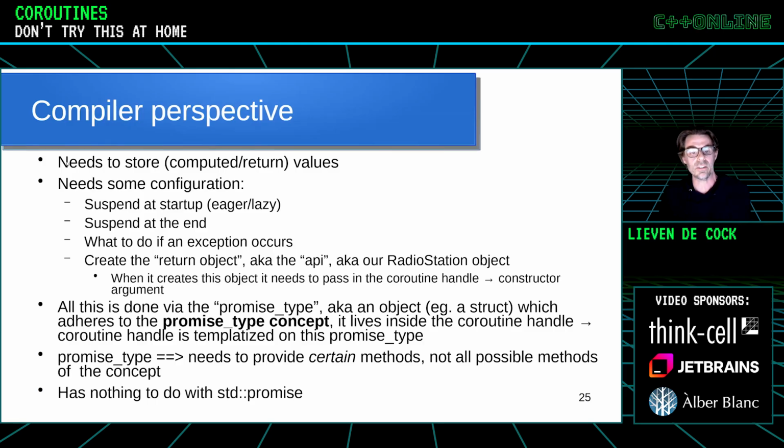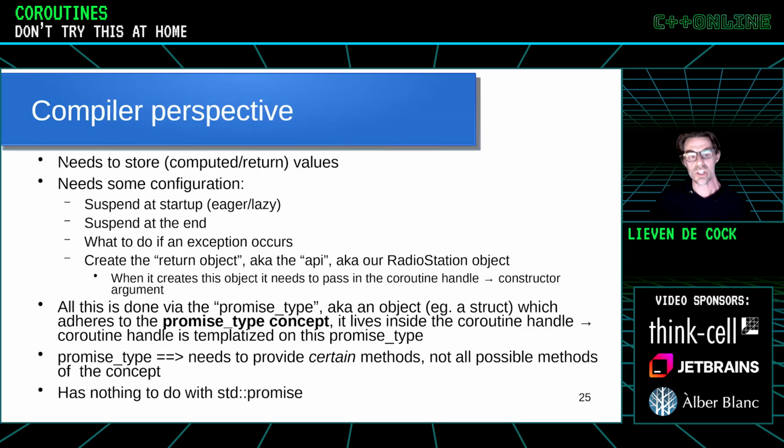Should it suspend at the end or not? What if an exception occurs in the coroutine? The compiler wants to know what should happen. And as said, we are not creating that radio station ourselves. The compiler is going to call the constructor of that. How can the compiler do that? We will have to tell the compiler how this is done.